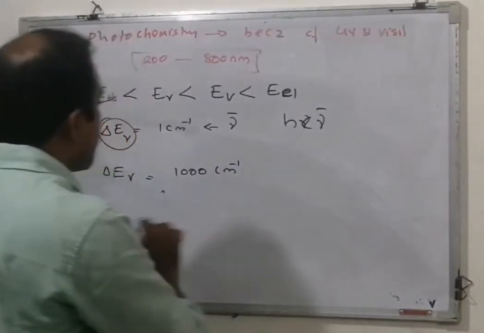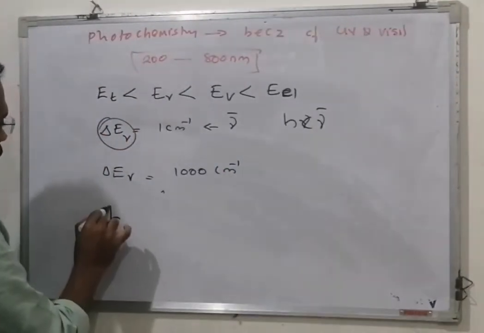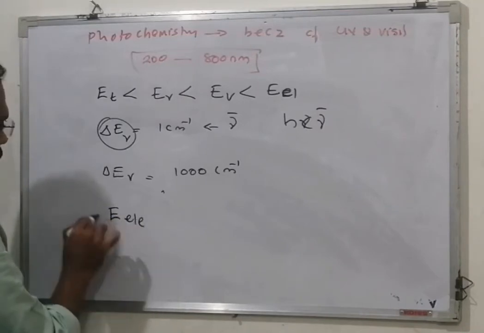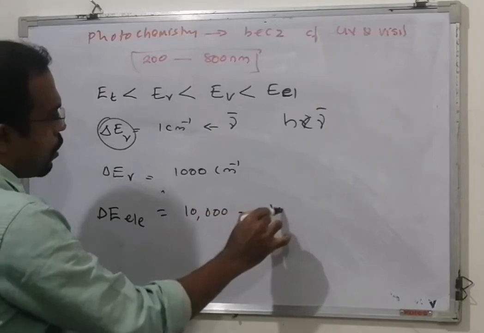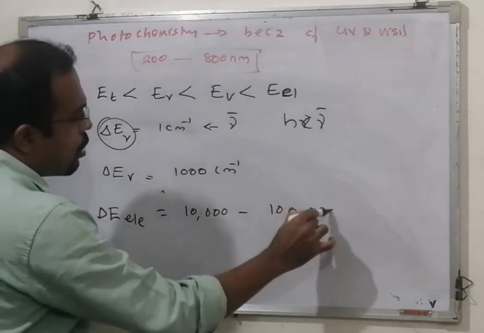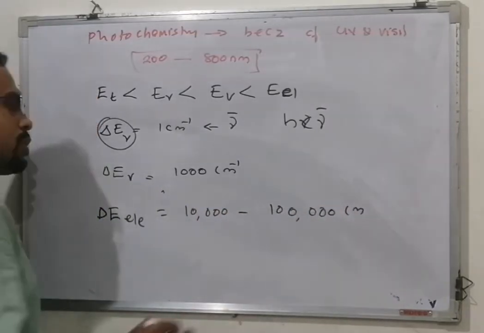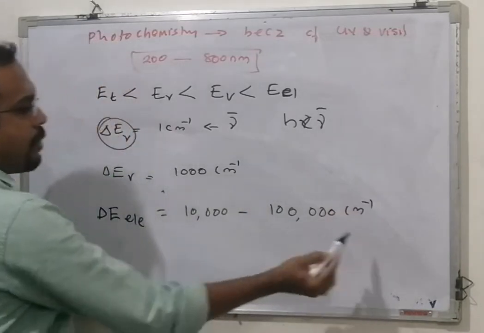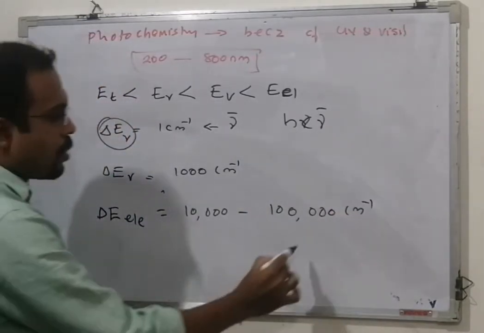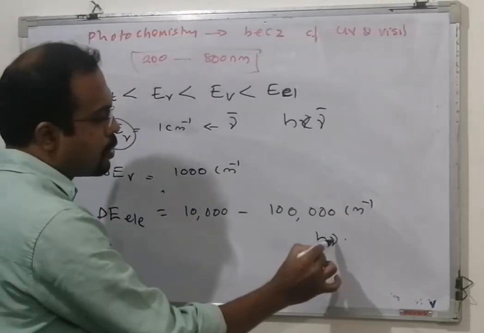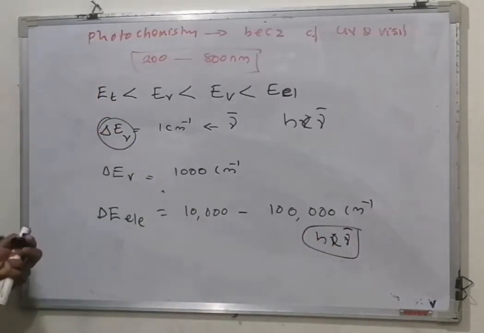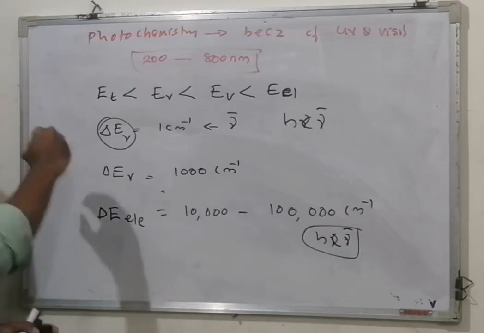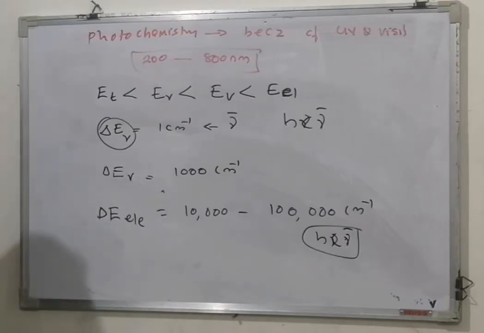For delta E electronic, it is about 10,000 to 100,000 centimeter raised to minus 1. Only if a photon of this wave number order is given will there be an electronic transition or electronic change.